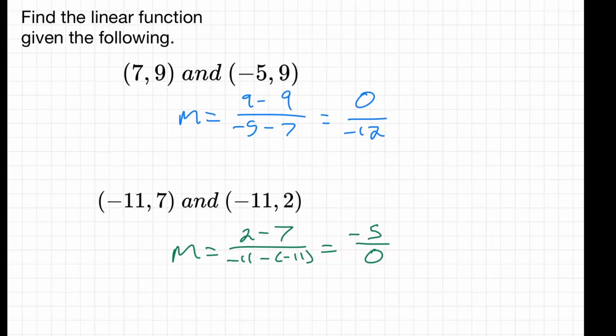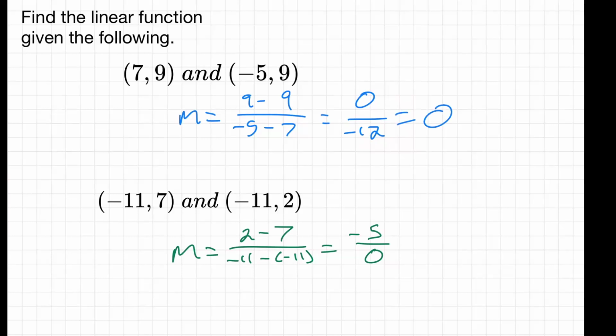Now, in this situation, you see a zero. The next step is, can we do the division? So for this first one, when you have 0 divided by -12, what does that equal? So we can do the division here, y'all. All right, 0 divided by anything is 0, so we're good.